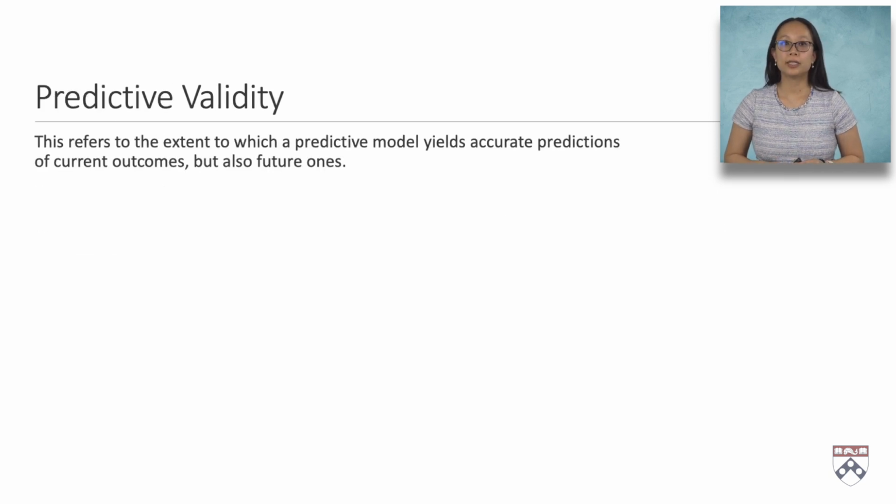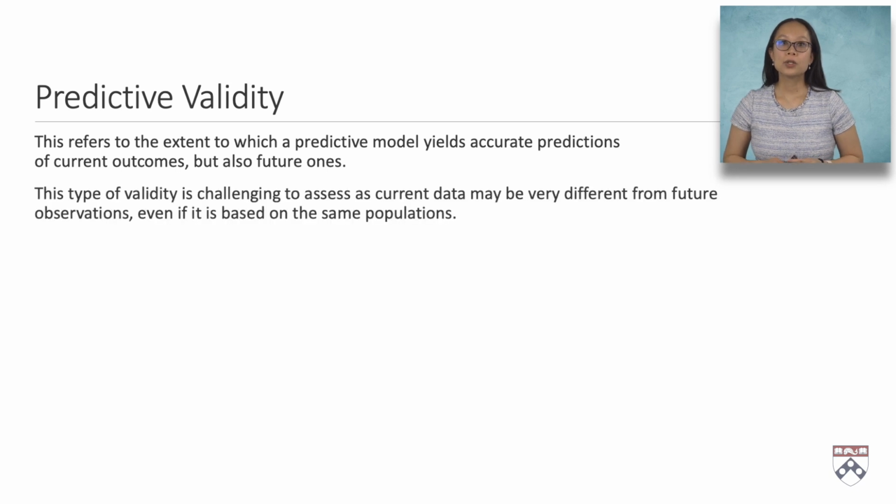Next is predictive validity, which refers to the extent to which a predictive model yields accurate predictions of current outcomes, but also future ones. So this type of validity is usually very challenging to assess, as current data can be very different from future observations, even if it's based on the same populations. And in this type of validity discussion, you can think of something as simple as outcomes related to technology.